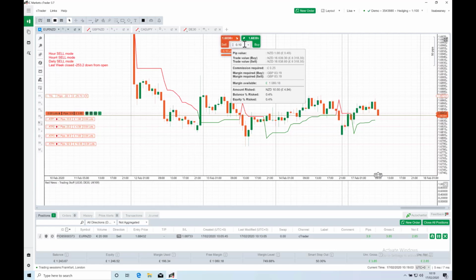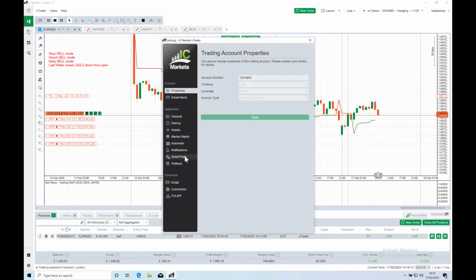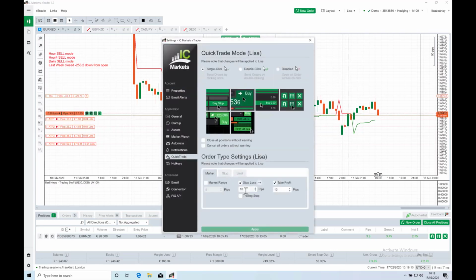So that's one way of checking the figures that the bot's coming up with on your risk. You could come down to your settings and under quick trade, put in the stop that the bot's using, say 31 pips. It's also important to click on the apply button at the bottom.